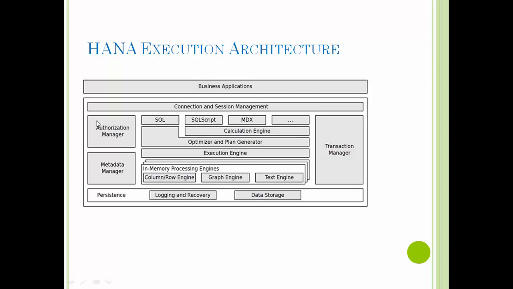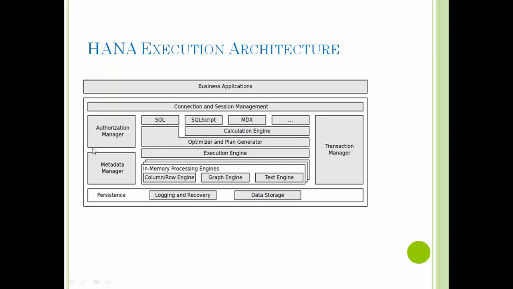Next is authorization manager. The authentication component is invoked when a new connection is established. New users are authenticated either by the SAP HANA database itself, basically with a login user and password, or authentication can be delegated to an external authentication provider as well.